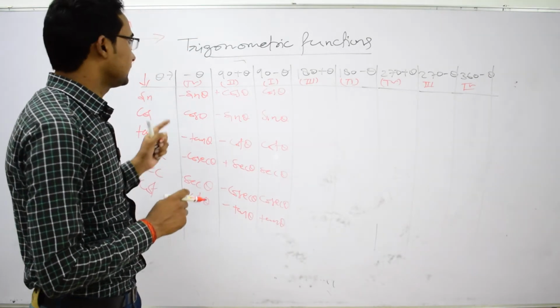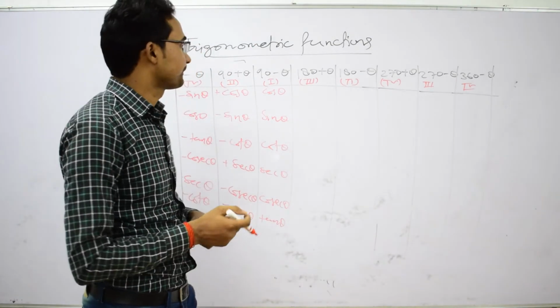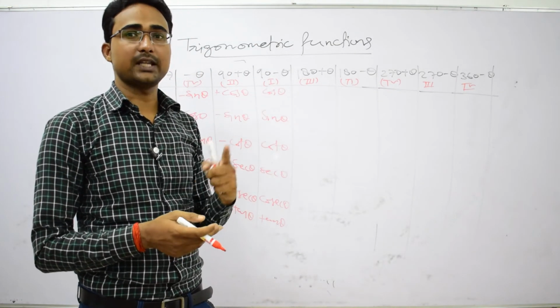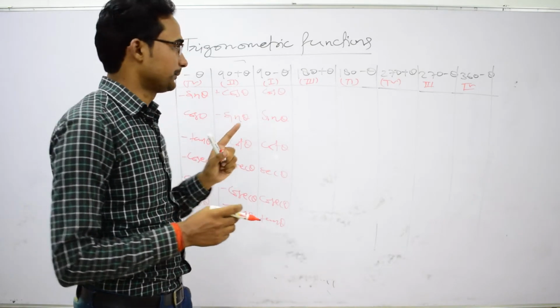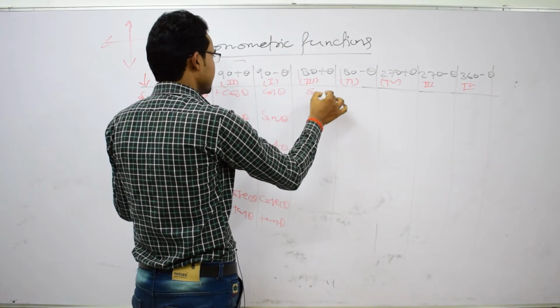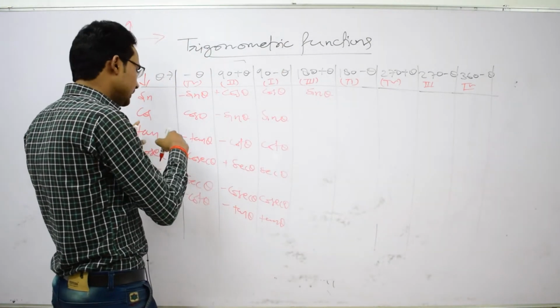In the third quadrant only tan and cot are positive, and the other trigonometric ratios will be negative. And in the case of 180, sin will be sin, cos will be cos, tan will be tan, cot will be in cot form. Sin 180 plus theta, so sin theta firstly write down, and firstly write down all the trigonometric ratios.